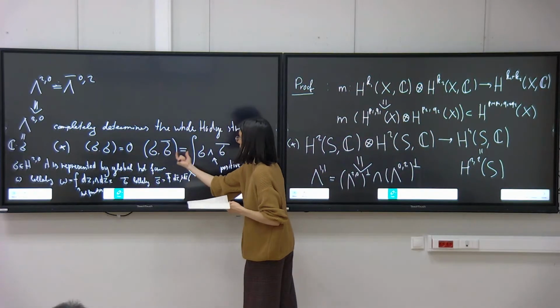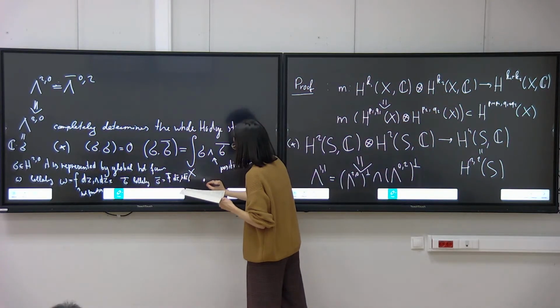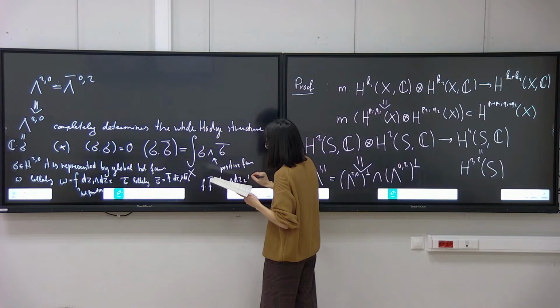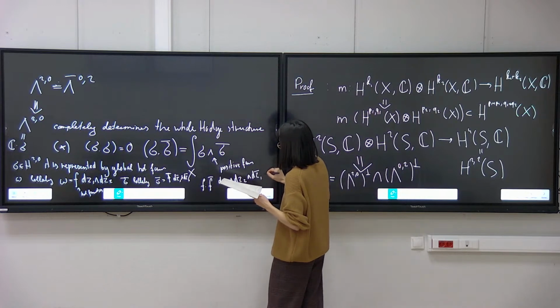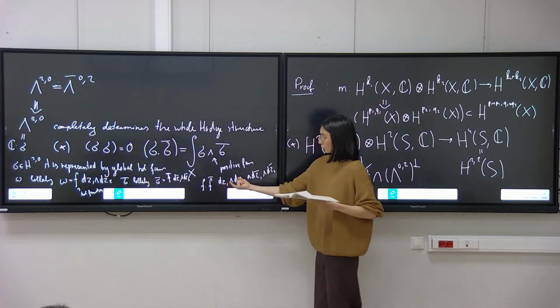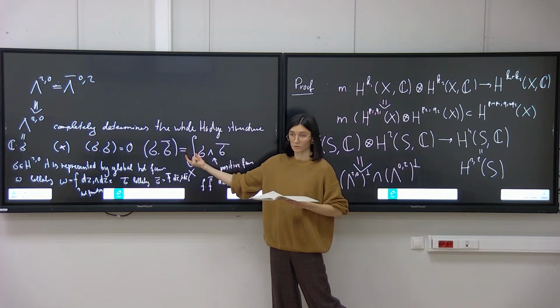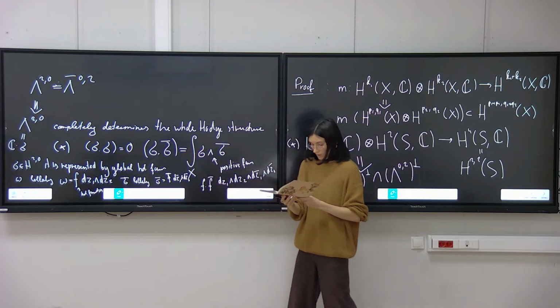And now when we consider this product, we obtain dz1, d\bar{z1}, dz2, d\bar{z2}. So this is a volume form, and this is something positive. So that's because this is positive. Okay.